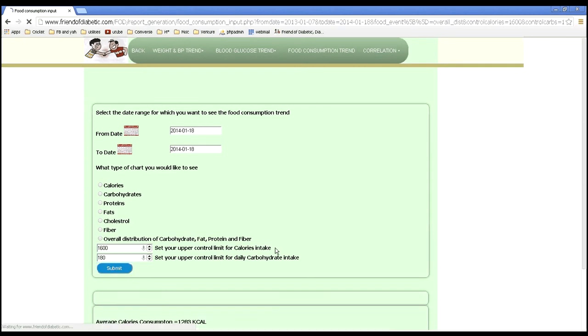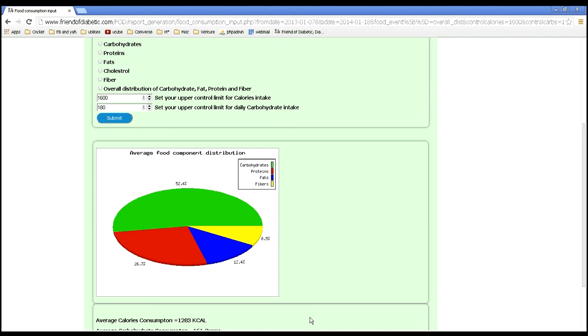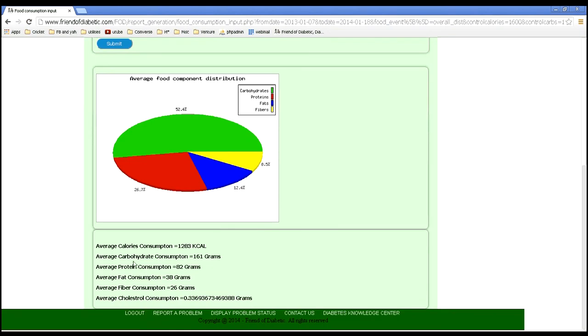It shows me that 52% of my meal is generally carbohydrate, and the rest is protein, fats and fiber. This software also shows the average carbohydrate, protein, fat, fiber and cholesterol consumption, so I can immediately know exactly what my consumption trend is.